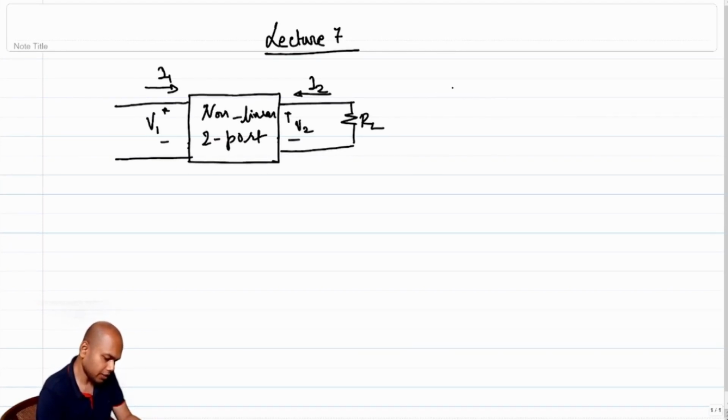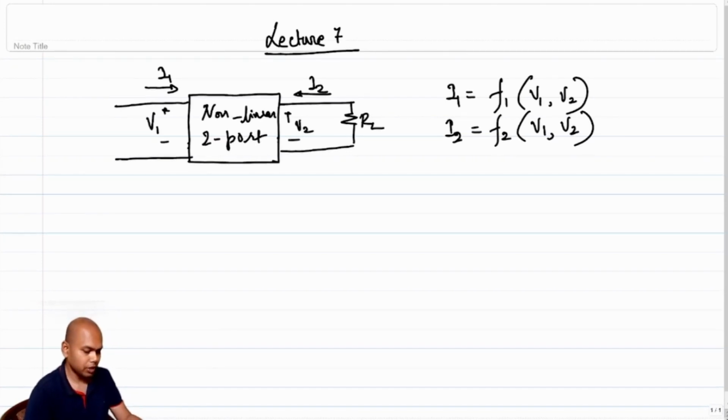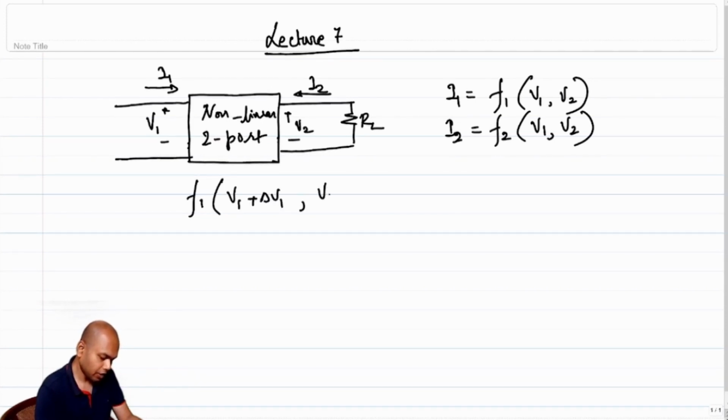We initially said that I1 is some nonlinear function of the port voltages V1 and V2, and similarly I2 is a nonlinear function of V1 and V2. Note that the functions f1 and f2 need not be identical. Then we perturbed the voltages: V1 becomes V1 plus delta V1, V2 becomes V2 plus delta V2, and the input current becomes I1 plus delta I1.